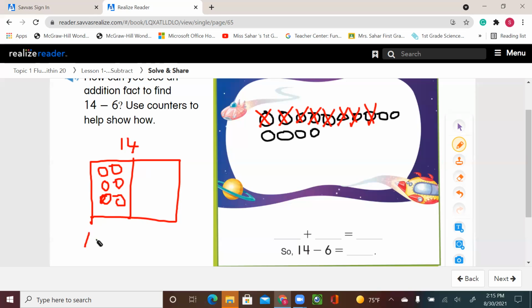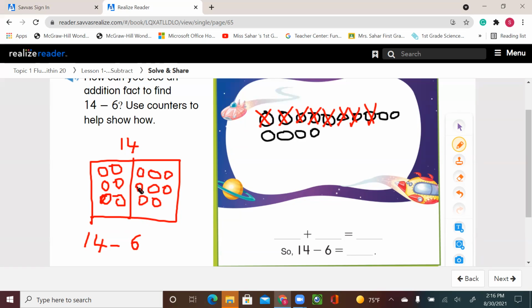So I used to say 14 minus 6, and then we count on, remember? 6, after 6, 7, 8, 9, 10, 11, 12, 13, 14. And then we used to count how many counters I drew.